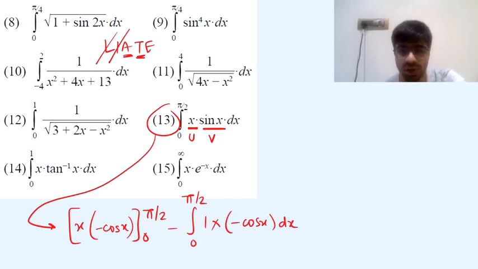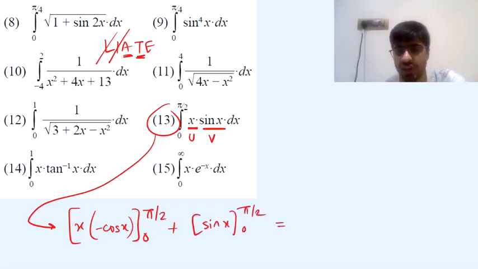This minus can be taken outside the bracket, and you can write a minus here, and then integration of cos x can be written as sin x. So we have sin x getting integrated from 0 to pi by 2, and this is going to give you the final answer. When you put pi by 2 here, you have pi by 2 into minus cos pi by 2, but cos pi by 2 will be 0, so the first term when you put x as pi by 2 will be 0, and the second term will also be equal to 0.